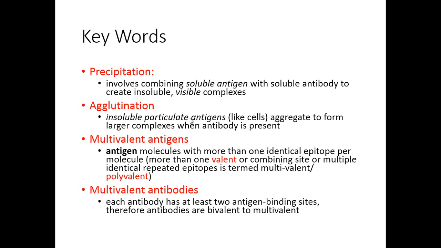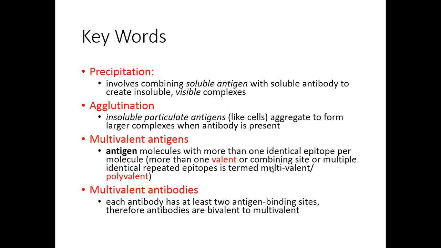And then I also just want to bring up the point of multivalency, whether it's multivalent antigens or antibodies. A multivalent antigen is defined as an antigen molecule with more than one identical epitope per molecule. That means it has a valency of more than one. Because we have multivalent antigens, we're able to combine with more than one binding site on an antibody.